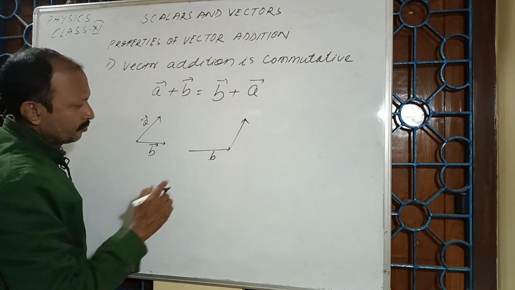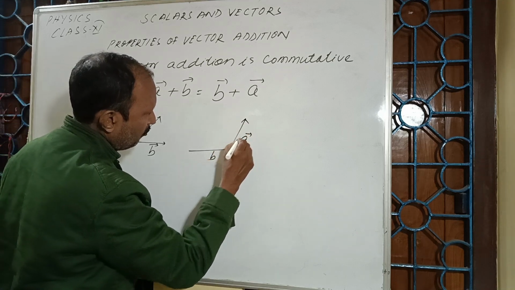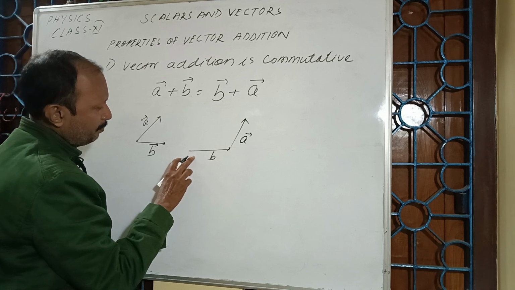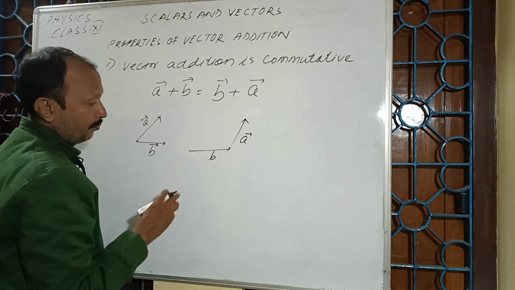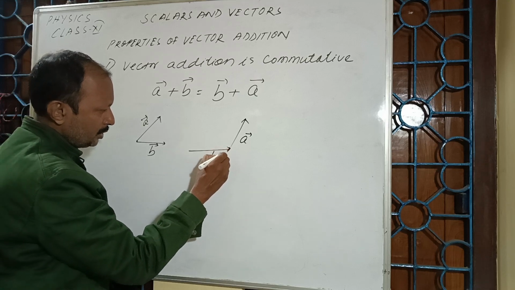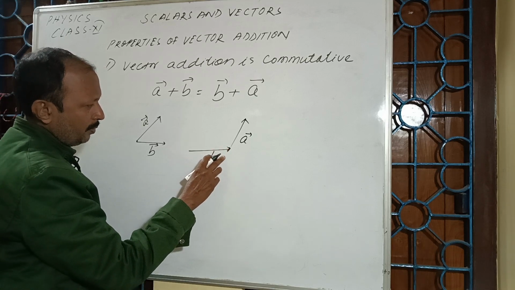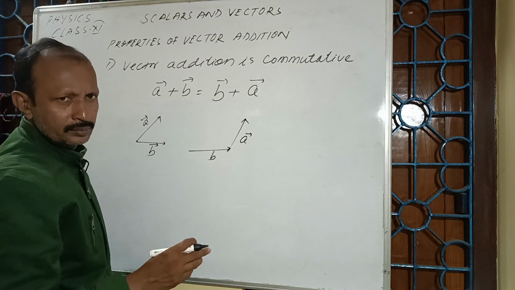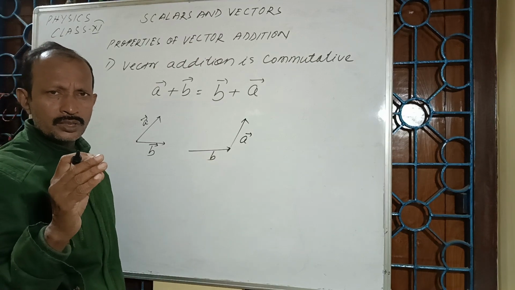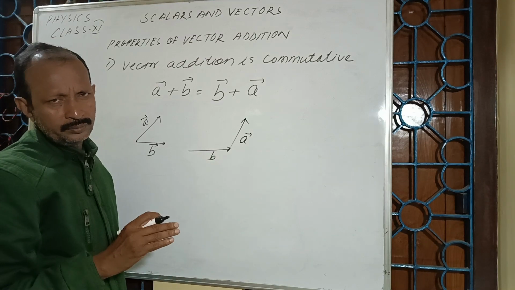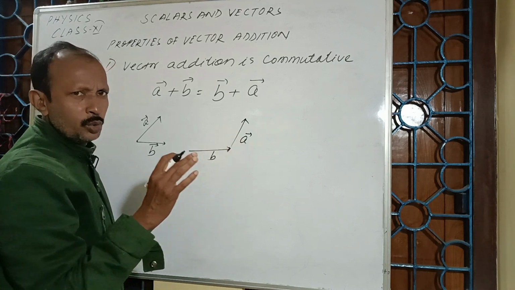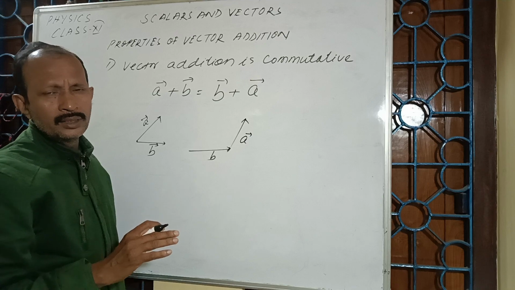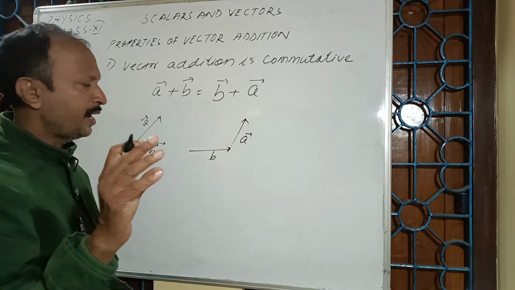That means first vector I am taking B, second vector I am taking A. And here you see that the two vectors are arranged in a particular order. However, it is representing the two sides of a triangle. So I can apply the triangle law.